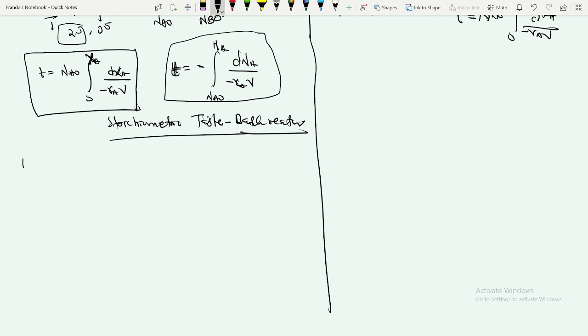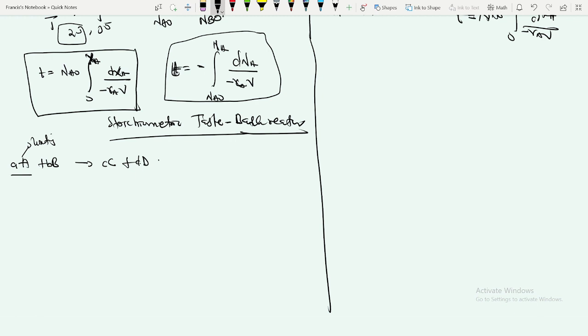Now, when you have any reaction A plus B going into C plus D, and each has a specific coefficient, a, b, c, d. So first of all, what you have to do is find your limiting reactant. And we are assuming that our limiting reactant is A. Now, once you get a limiting reactant, we then have to express all the other reactants and products in terms of the limiting reactant.